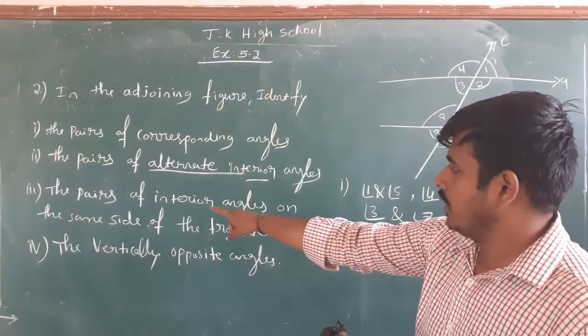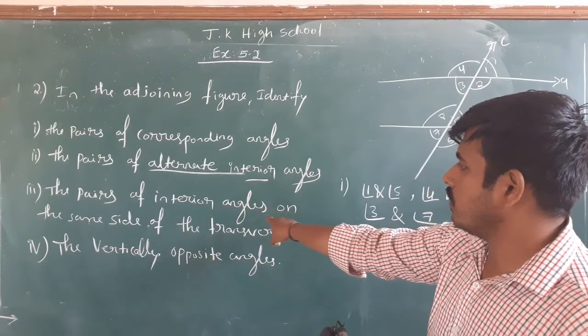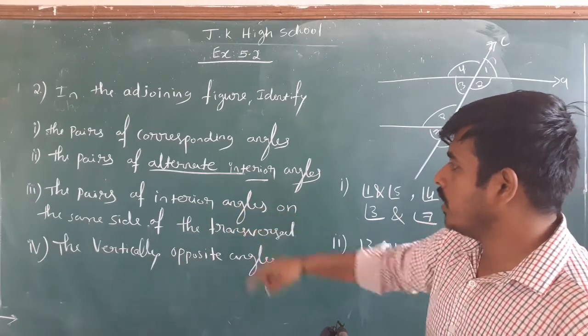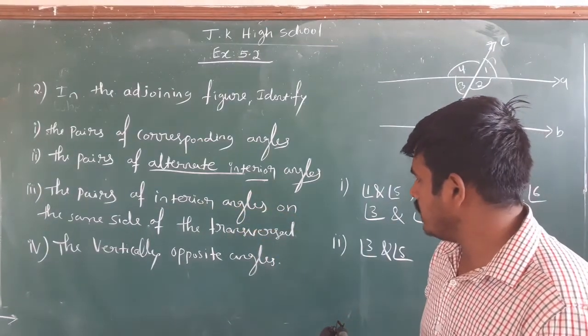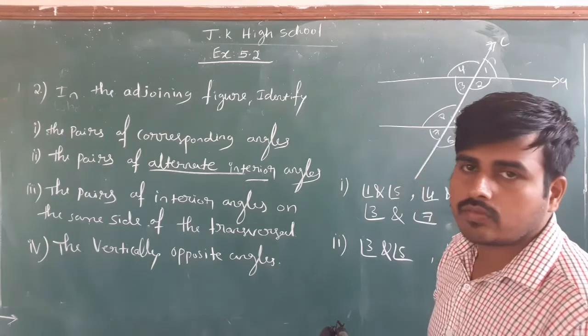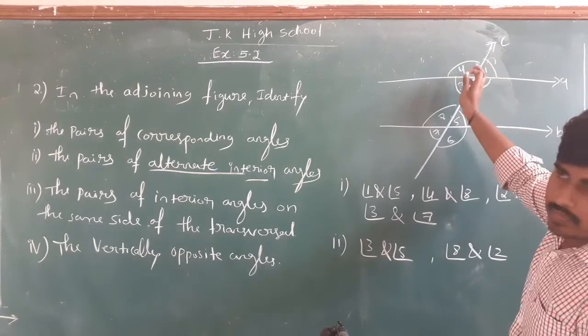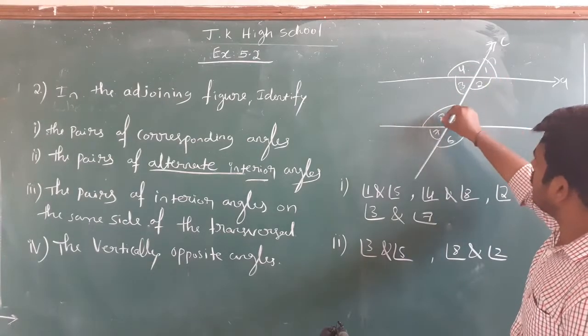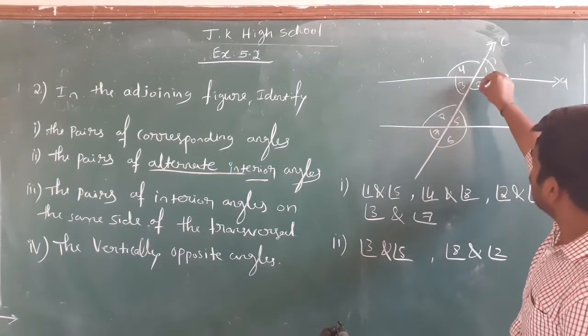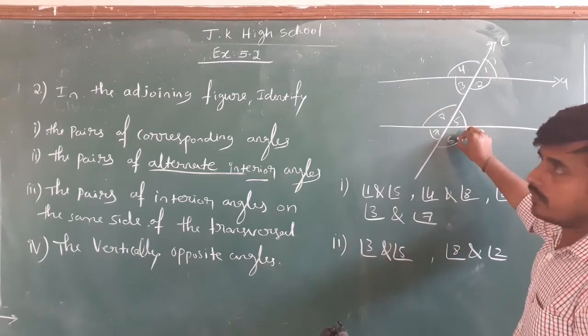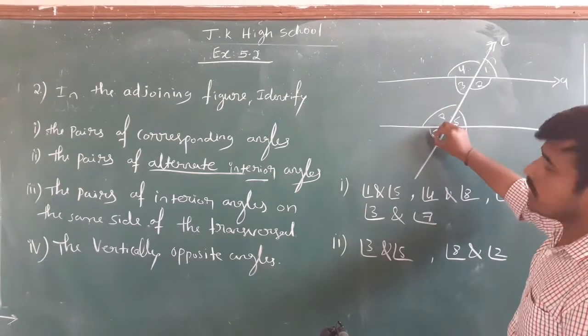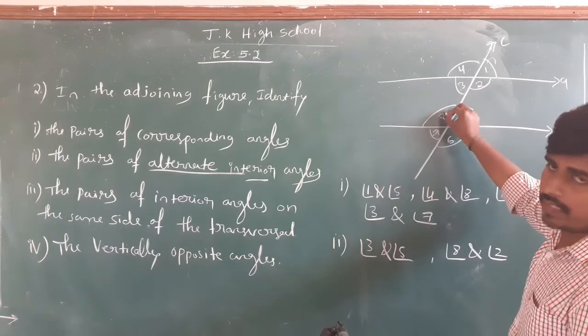Third answer: the pairs of interior angles on the same side of the transversal line. On this transversal, 4, 3, 8, 7 are on the left side, and 1, 2, 5, 6 are on the right side. Among 4, 3, 8, 7, which are interior? 3 and 8.